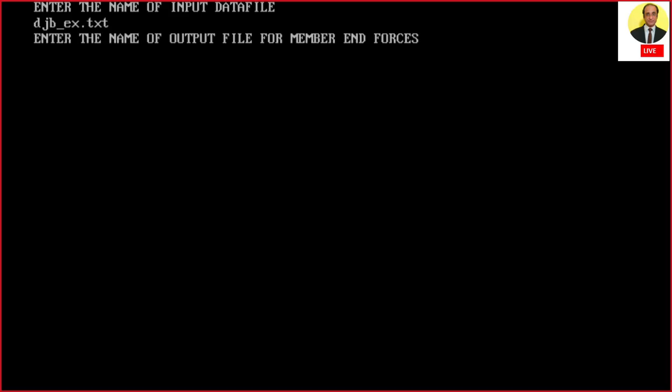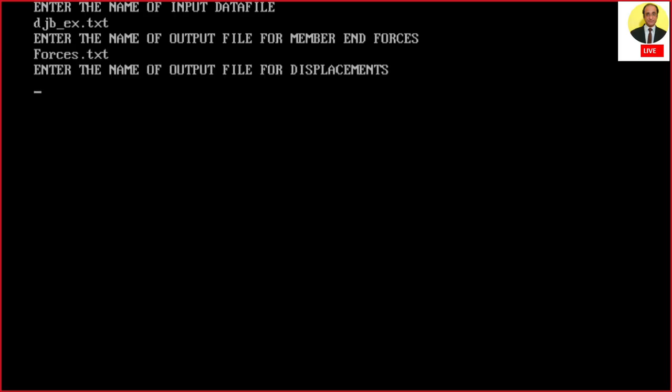Now it's asking me the name of the input file. So I just input here the name djp_ex.txt. This is the input file which I had shown you. Then it asked me which name I want to give to the output file. Let's say I give here forces.txt, and then it asks me the output file for the displacement.